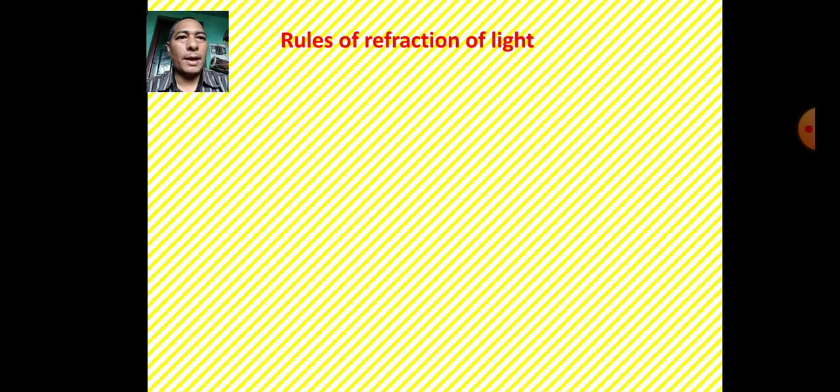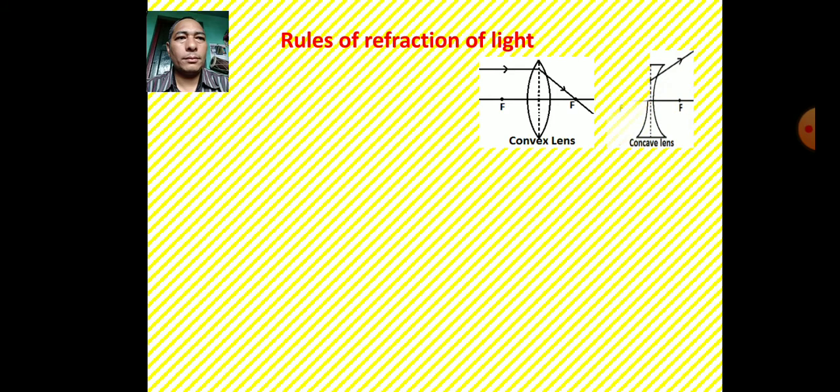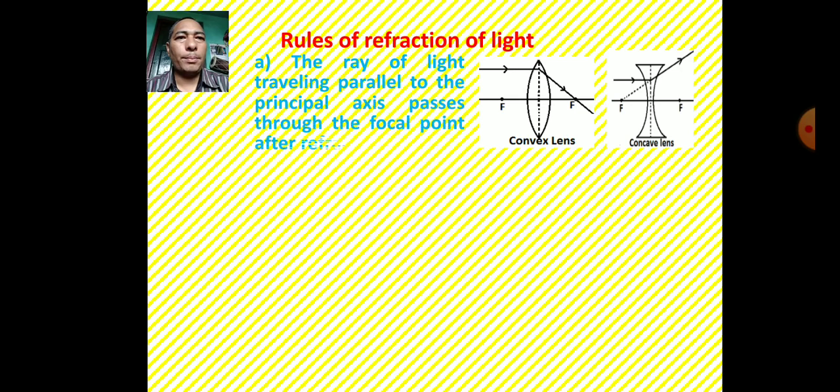Rules of refraction of light. A. The ray of light traveling parallel to the principal axis passes through the focal point after refraction.